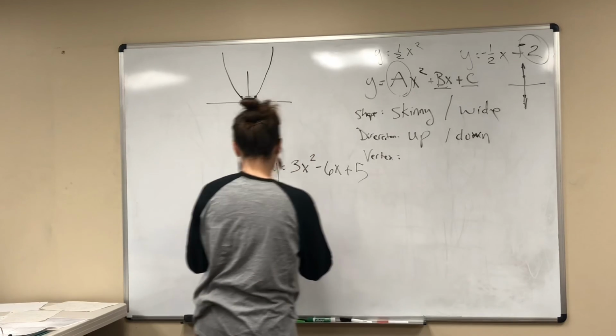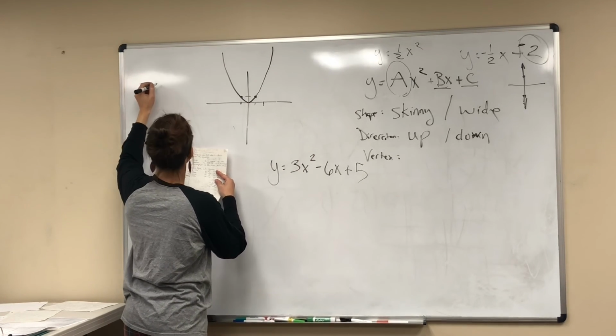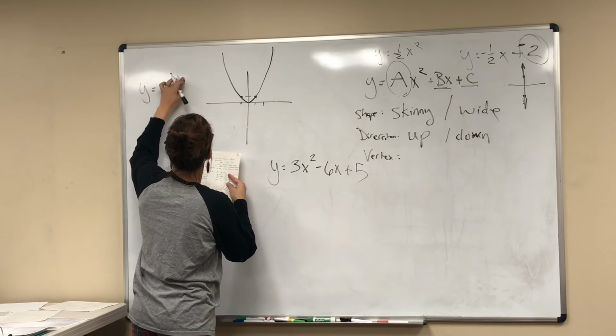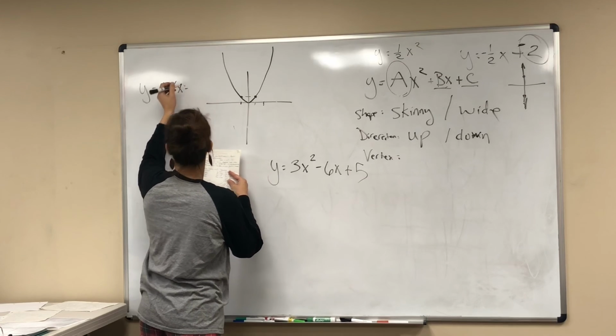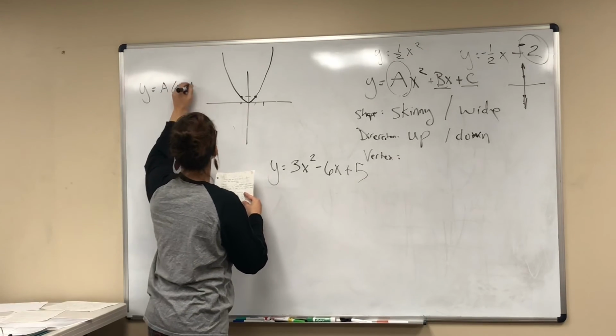Vertex form specifically looks like, and they will put it this way, x minus, I don't know what they have as a value, h.